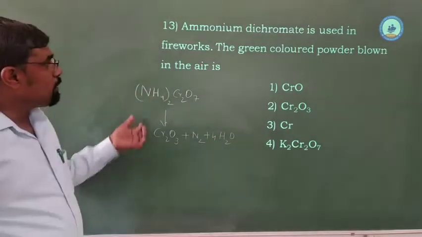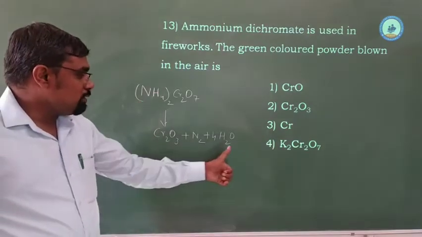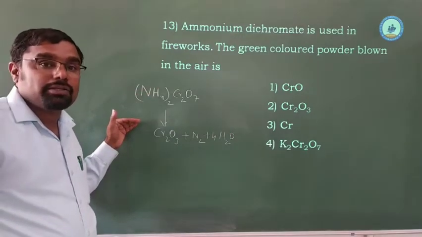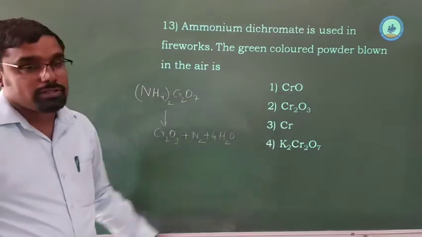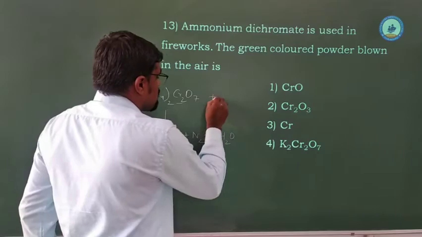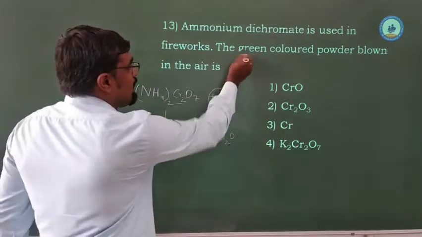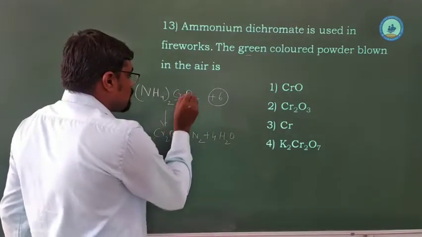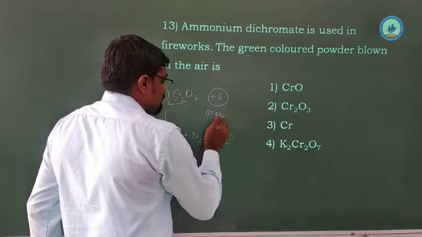Even if you do not know this equation, you can easily answer by seeing the products. In ammonium dichromate, the chromium is present in +6 oxidation state, and the green colored powder is formed. Chromium in +6 oxidation state commonly gives orange color.